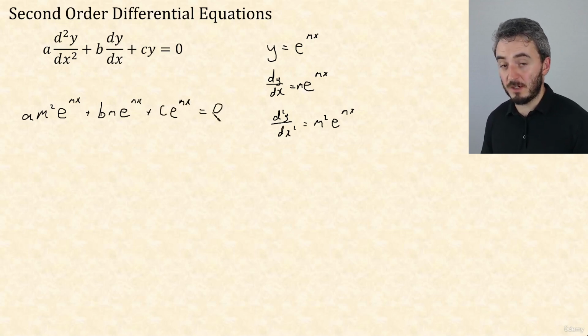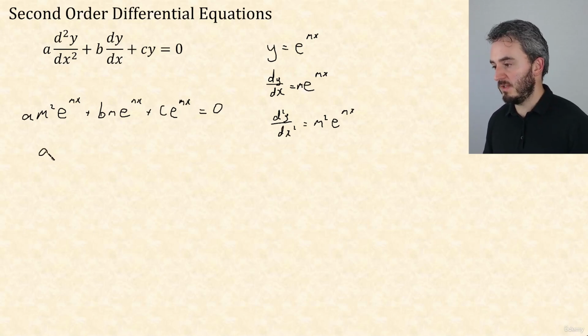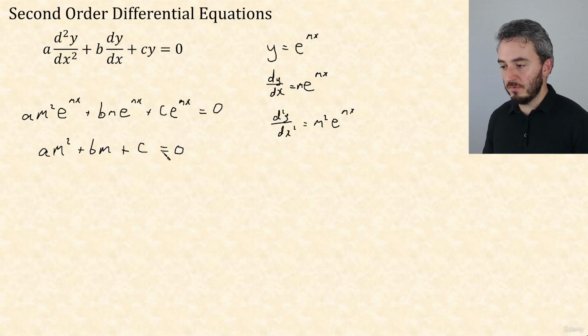I'm not even going to bother factorising out the e to the mx. I'm just going to divide through by it. I know it's not 0. That leads me to a m squared plus b m plus c equals 0. So this thing here is called the auxiliary equation or the auxiliary quadratic. It's simply replacing the second derivative with m squared, the first derivative with m, and y with 1, and solving this quadratic and finding the values of m.